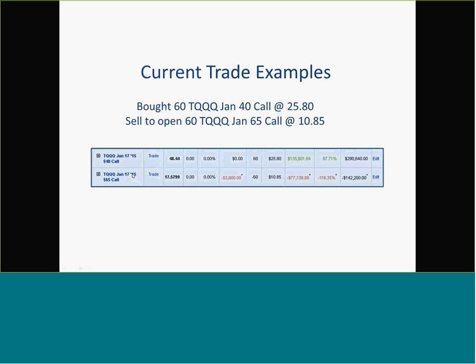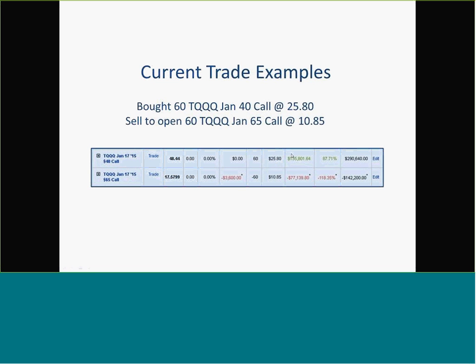You can see I bought 60 of the triple Q January 40 strike calls at $25.80, and I used Prime Trade Select to select this option. I waited until the stock pulled back, or the ETF in this case. I waited till it pulled back towards that lower Keltner channel, and then I went ahead and purchased these 60 of these 40 strike calls at $25.80.